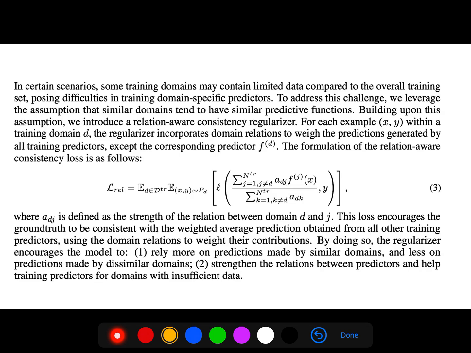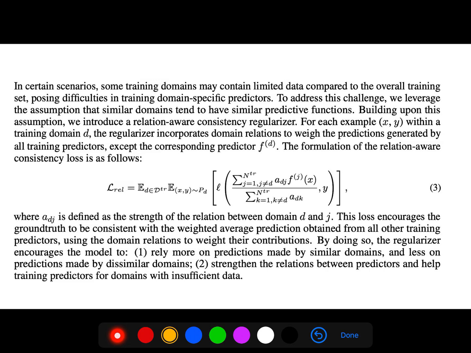In certain scenarios, some training domains may contain limited data compared to the overall training set, posing difficulties in training domain-specific predictors. To address this challenge, we leverage the assumption that similar domains tend to have similar predictive functions.